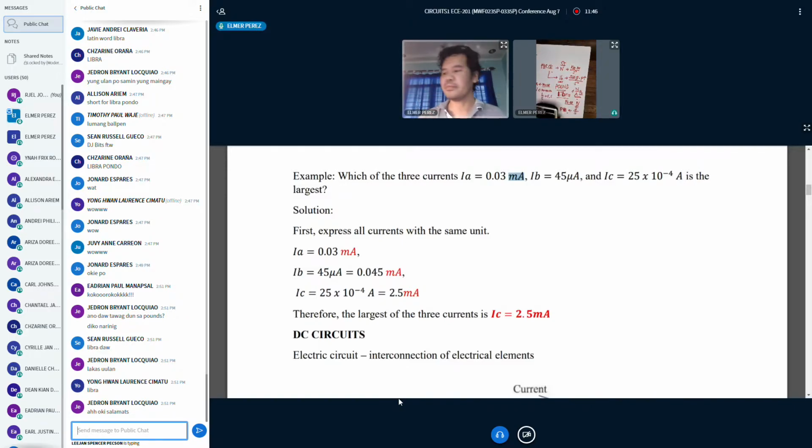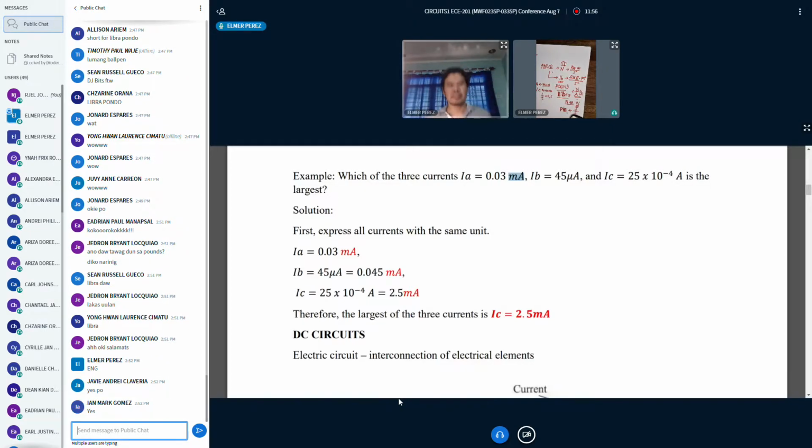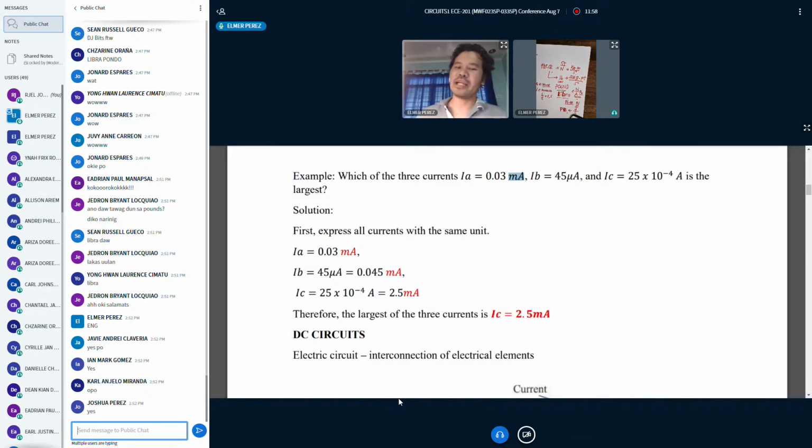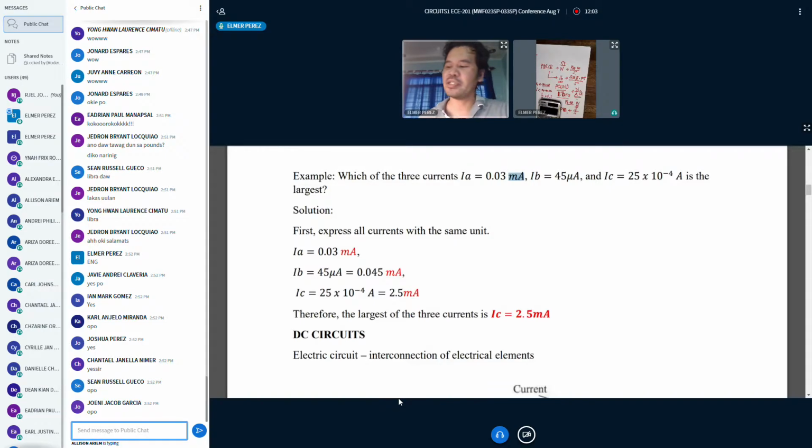Okay, alam niyo yung function ng calcu na ENG? Are you familiar? Yung ENG. I-type niyo lang yung number and then press niyo na lang yung ENG. Kung gusto niyo papunta sa left, i-shift ENG niyo. Kung gusto niyo mag-move yung decimal to the right, i-ENG niyo.